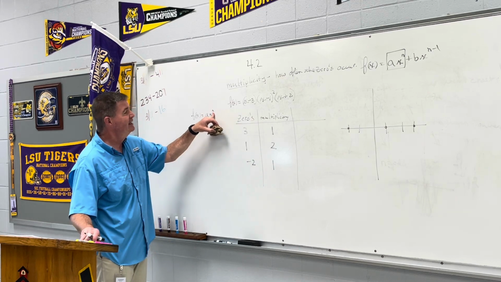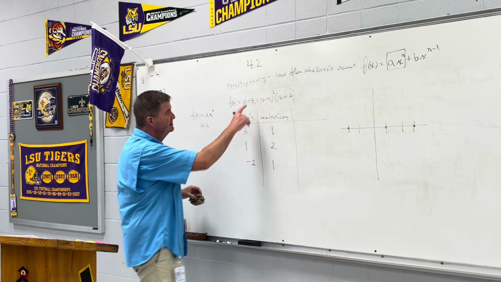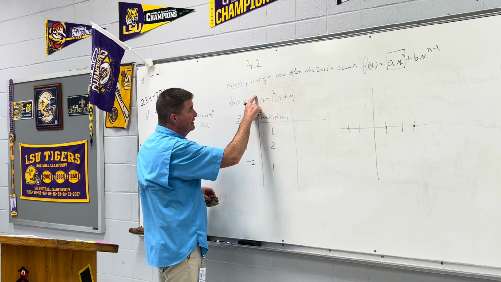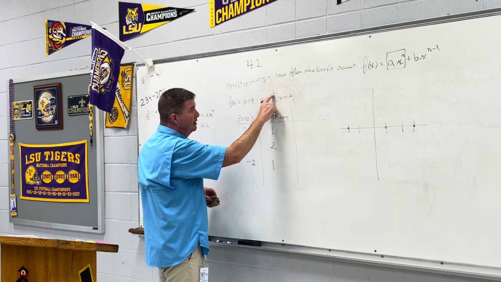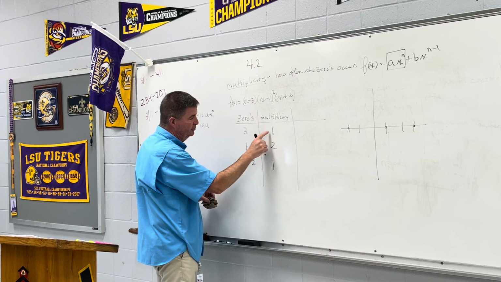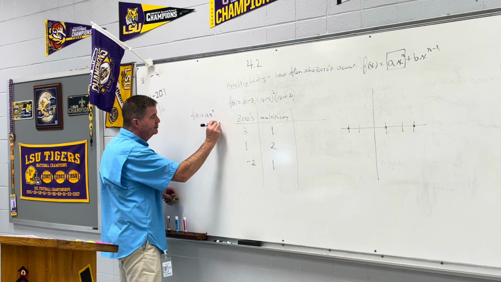Now the n means how many do we have here counting multiplicities. This is a 1, this is a 2, and this is a 1. So that's 1 plus 2 is 3, 3 plus 1 is 4. Or I can look in here and add it. 2 plus 2 is 4. So that means the n is equal to 4.